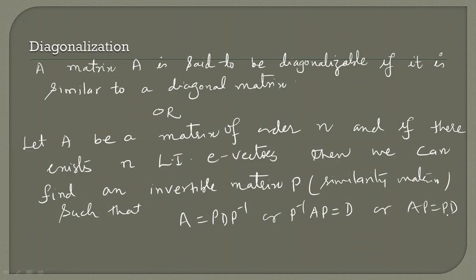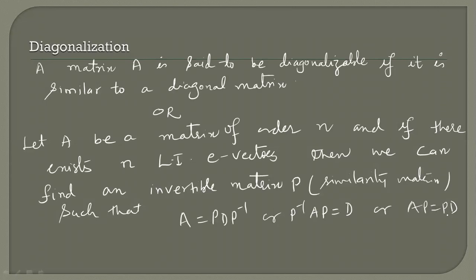So this is the definition for a diagonalizable matrix. When we can find matrix P of order n cross n, and matrix A is of order n cross n, then matrix A is diagonalizable. It means it is similar to a diagonal matrix.